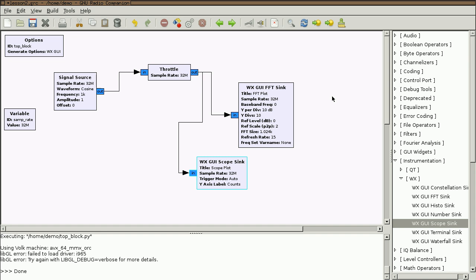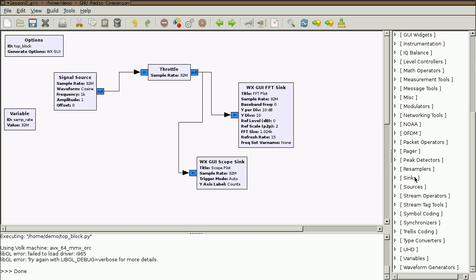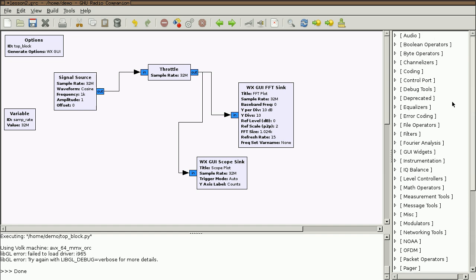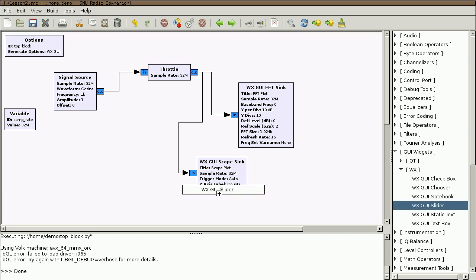So question 4. What happens if you configure the signal source with various frequencies between 0 and 16K, or 16 kilohertz? To do that, I bet you know what's coming, I would like to use a GUI widget, WX GUI slider.